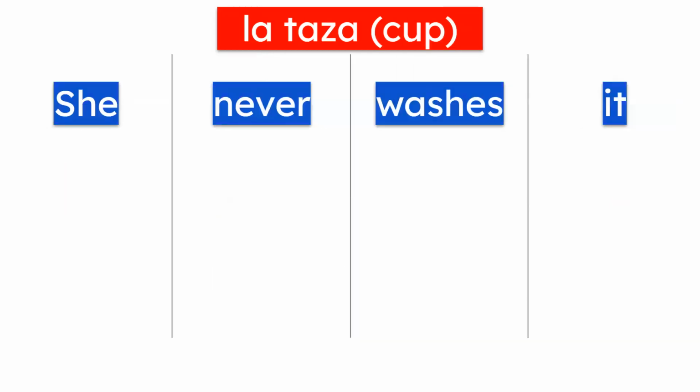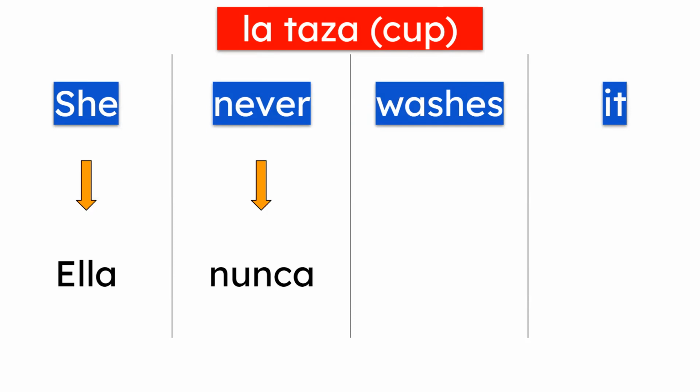Okay, next sentence. She never washes it. In this case, it is referring to a cup, a cup of coffee, una taza de café. So she is ella, never, you know, never? Yeah, sure, I'm sure you know. Nunca. Ella nunca la taza, feminine.